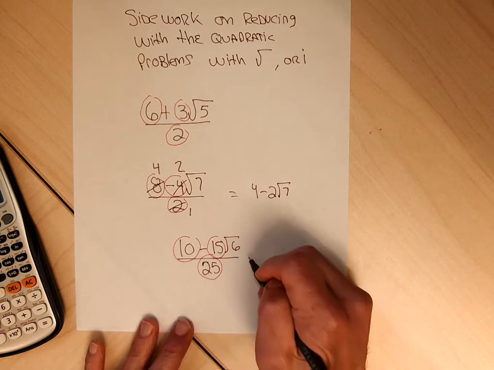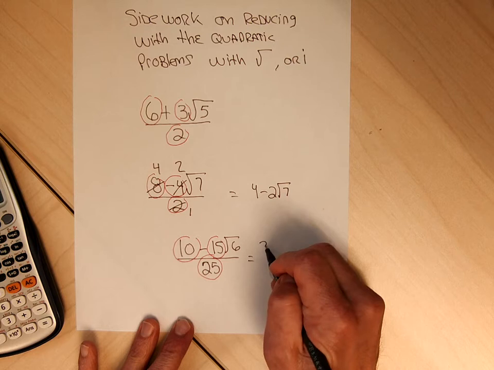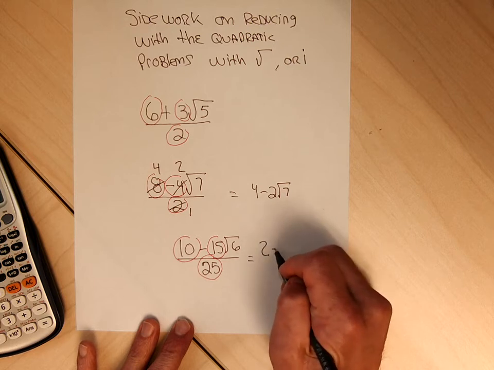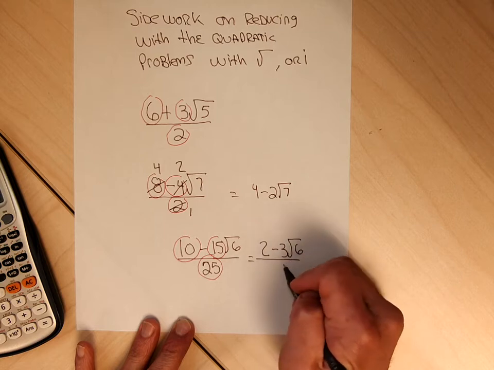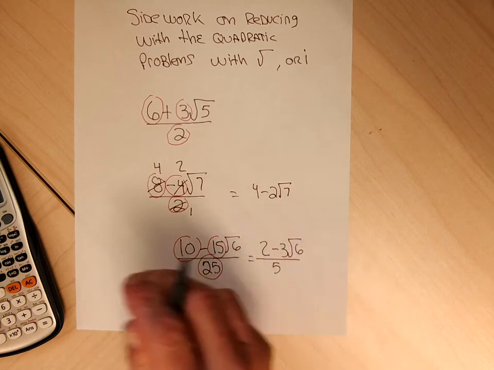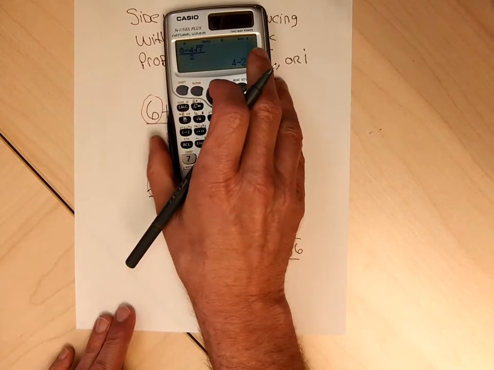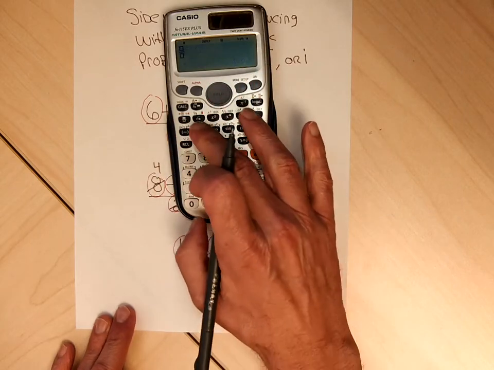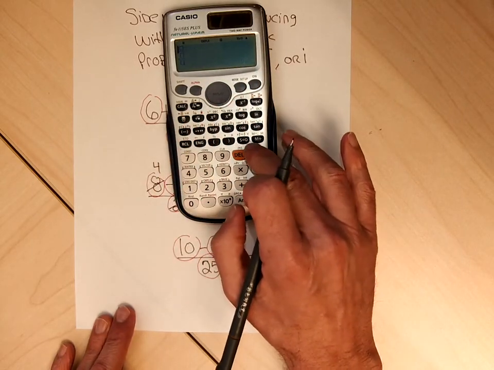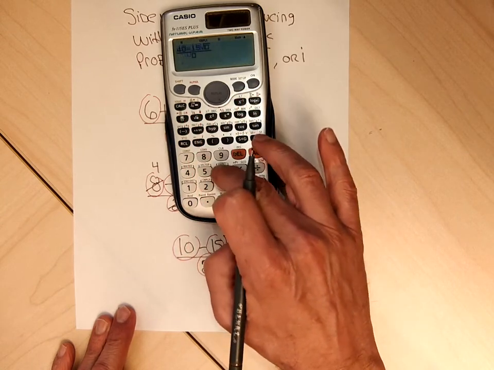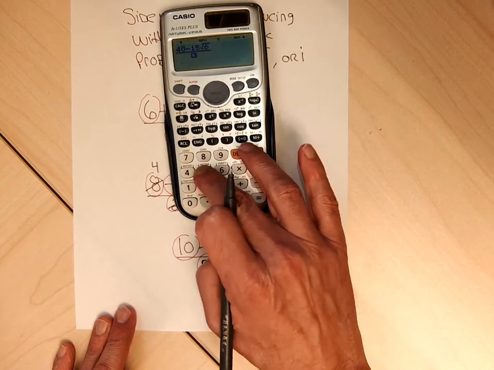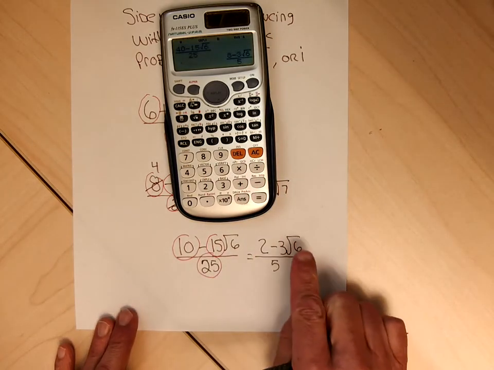All of those are divisible by 5, so 10 divided by 5 is 2, 15 divided by 5 is 3, 25 divided by 5 is 5. That's how that fraction would reduce. If I entered 10 minus 15 rad 6 over 25 on my calculator, it gives me exactly this.